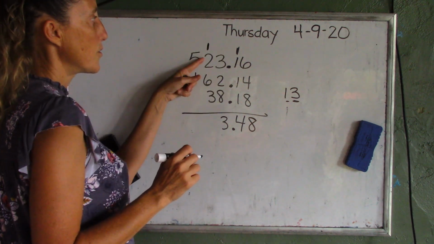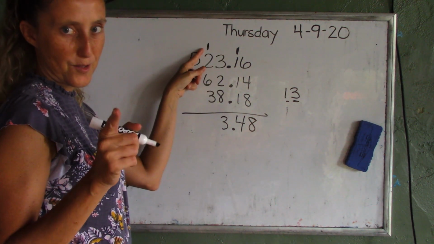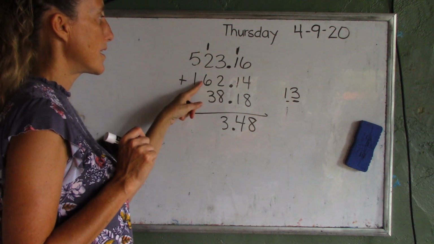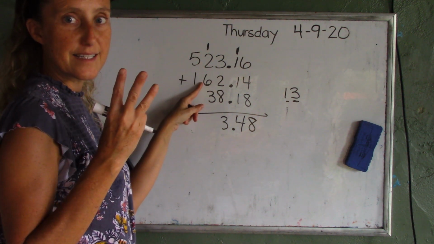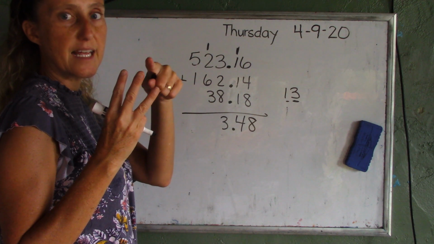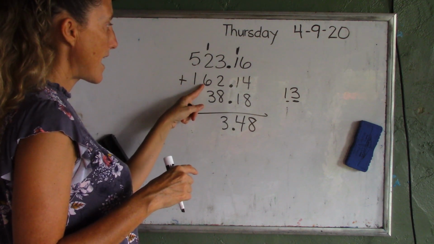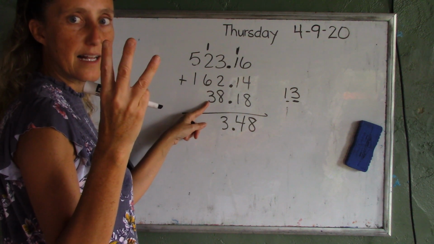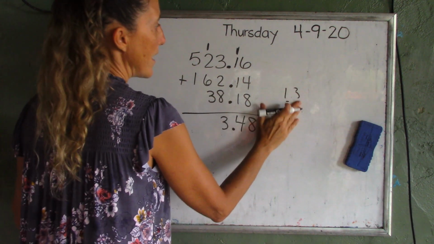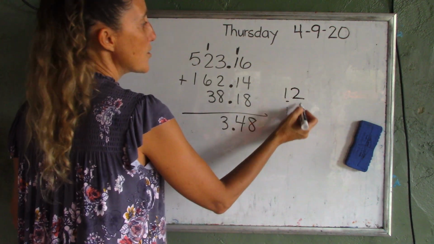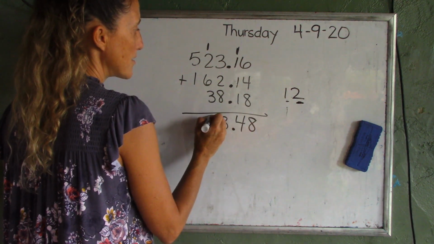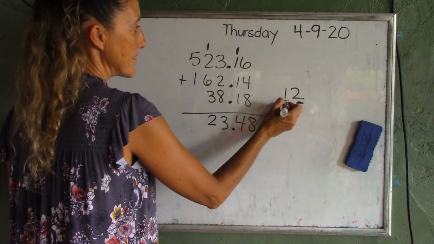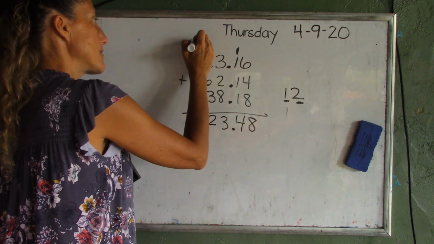So what's 2 plus 1? 3, good job. What's 3 plus 6? 6, 7, 8, 9. What's 9 plus 3? 9, 10, 11, 12. 12 is a double digit number. So the right hand number goes on the bottom and the left hand digit jumps up on top.